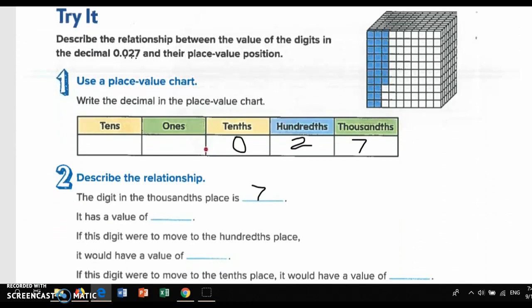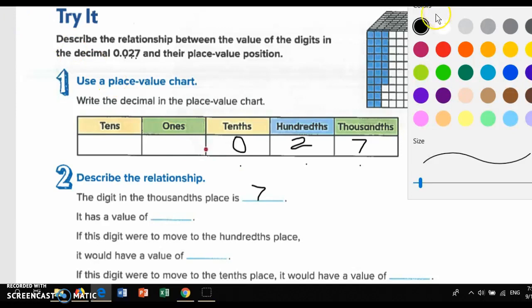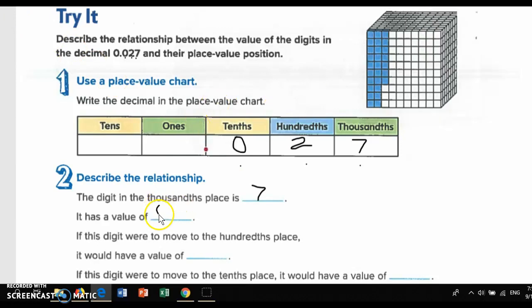Describe the relationship between the value of the digit in the decimal. Now let's have a look. We have 1, 2, 3. And remember, we start at the 7. We write the 7 first, then we write the 2, and then we write the 0. The digit in the thousandths place is a 7. It has a value of 0.007.